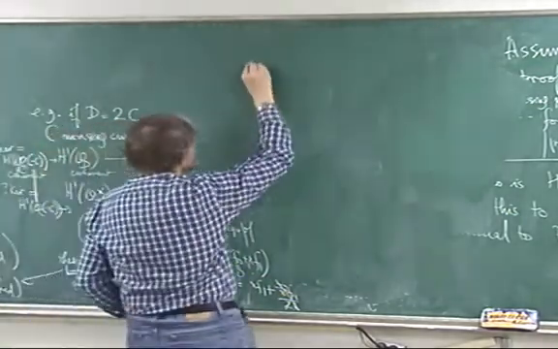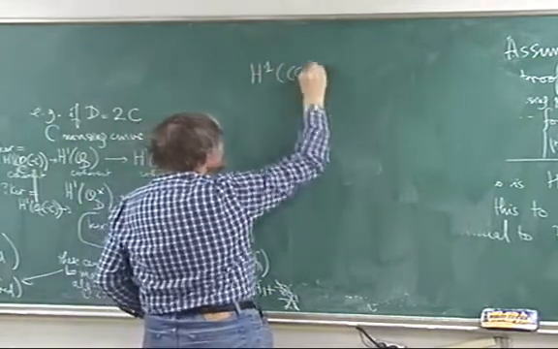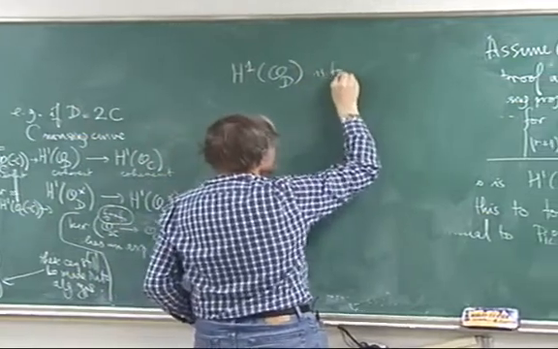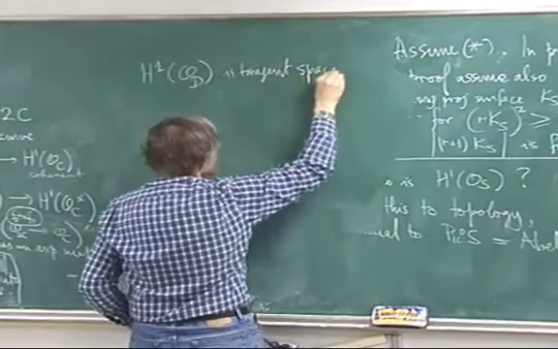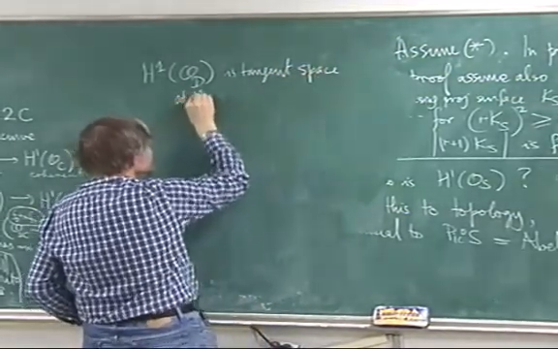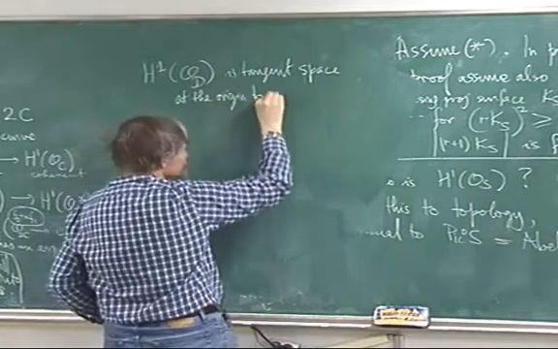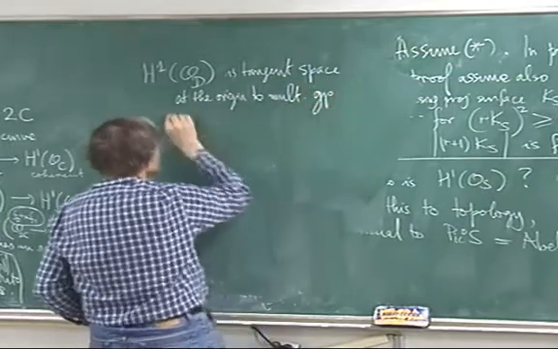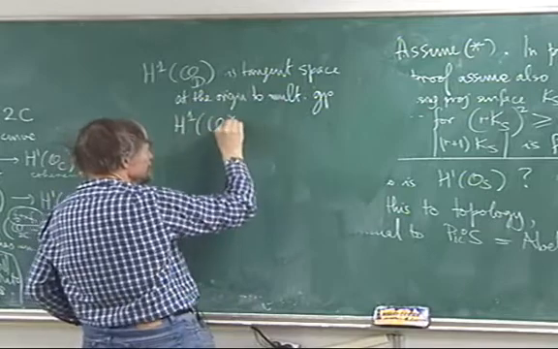H1 of OD is the tangent space at the origin to the multiplicative group H1 OD multiplicative.